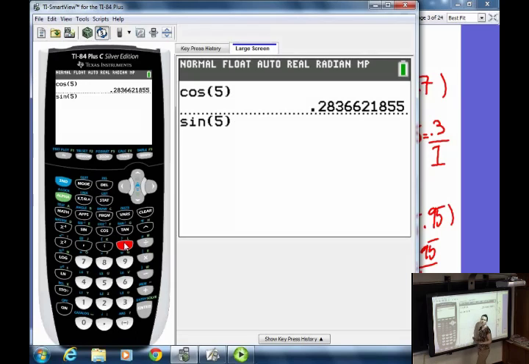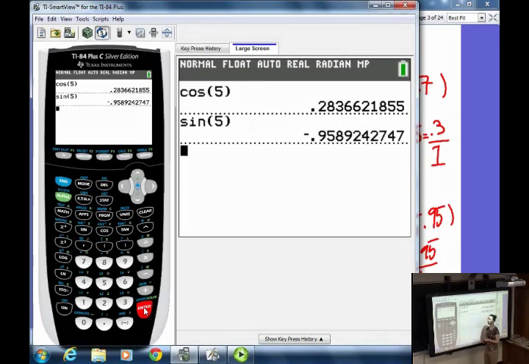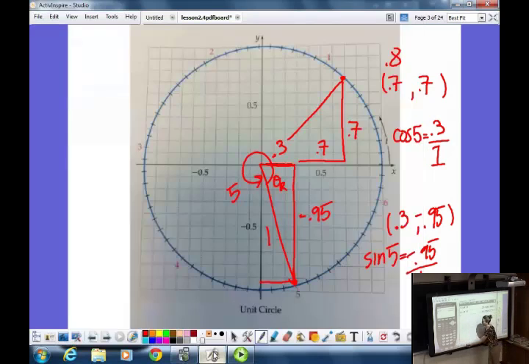What do you expect to see on the calculator? Something close to negative 0.95. Yeah, something close to it. And look at that, it's really close to it. So we're using a wrapping function to help estimate the approximation for our cosine and sine values.